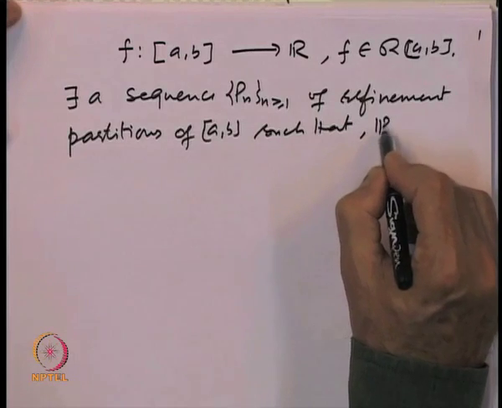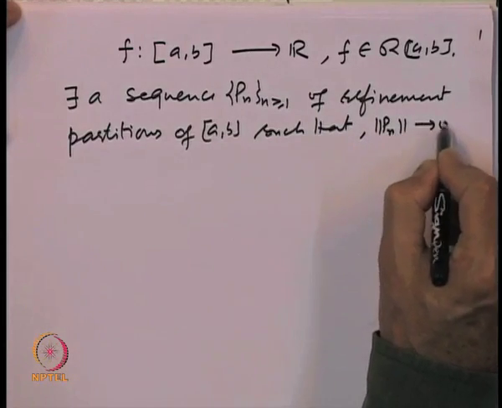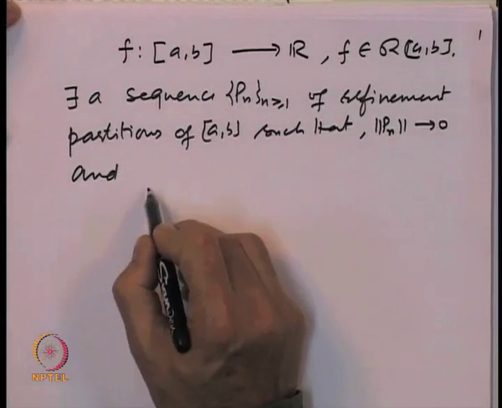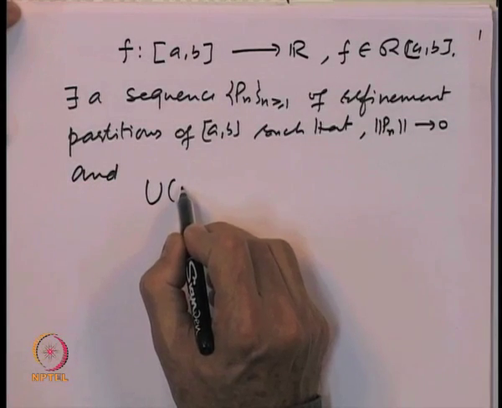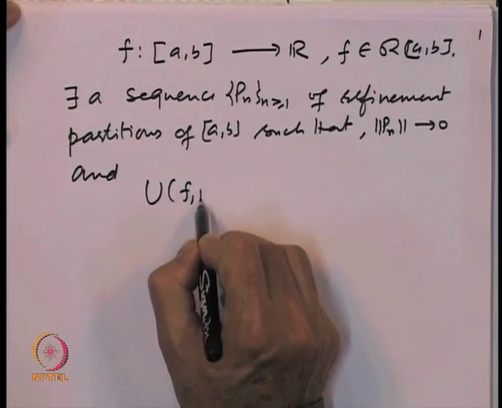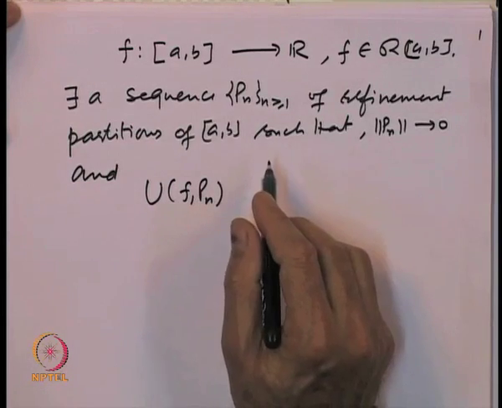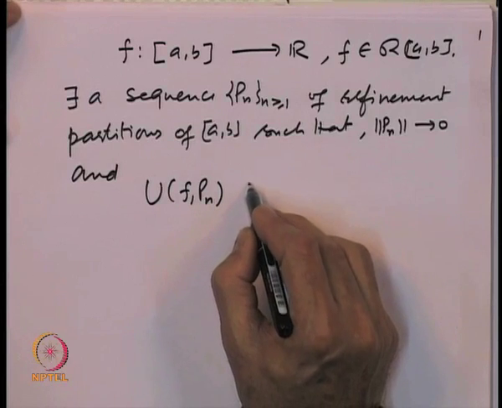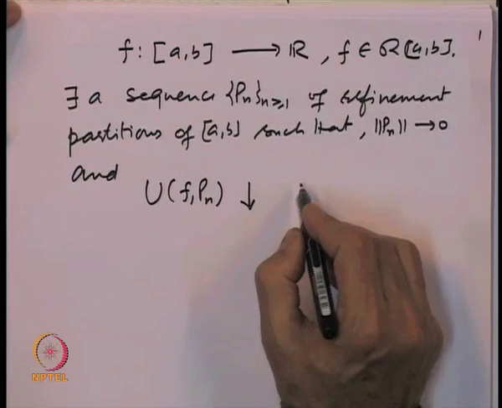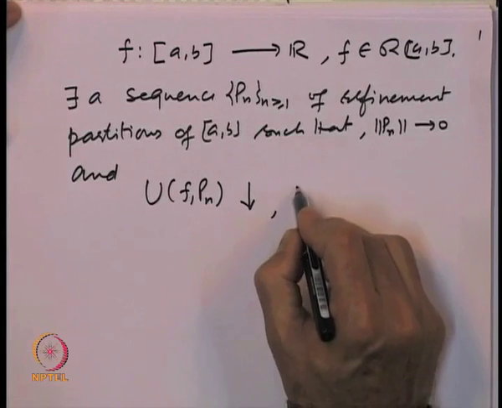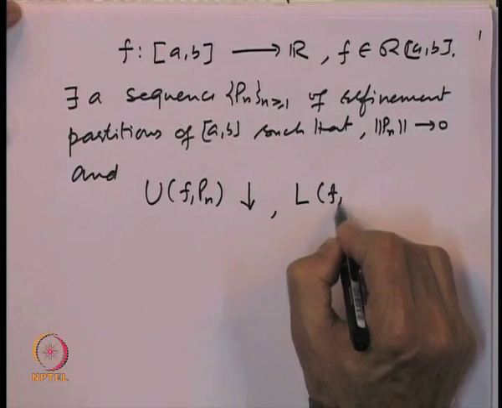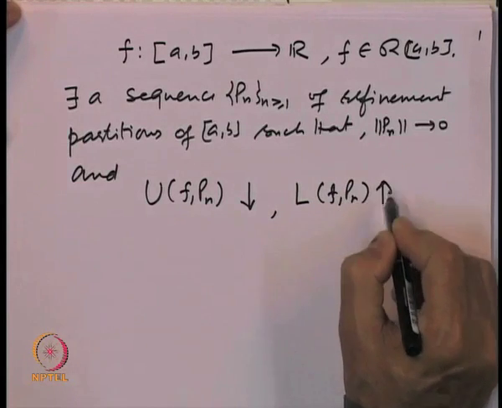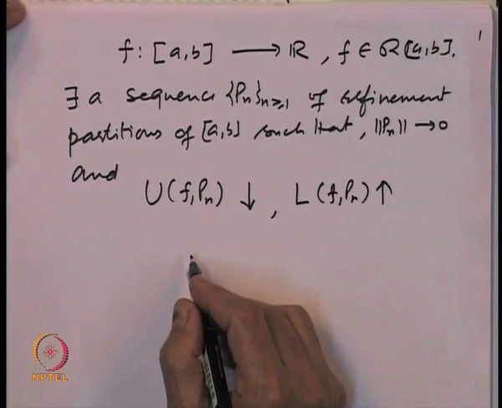the norm of these partitions goes to 0 and the upper sums of f with respect to these partitions decrease and the lower sums of f with respect to P n increase and the common value is the integral.